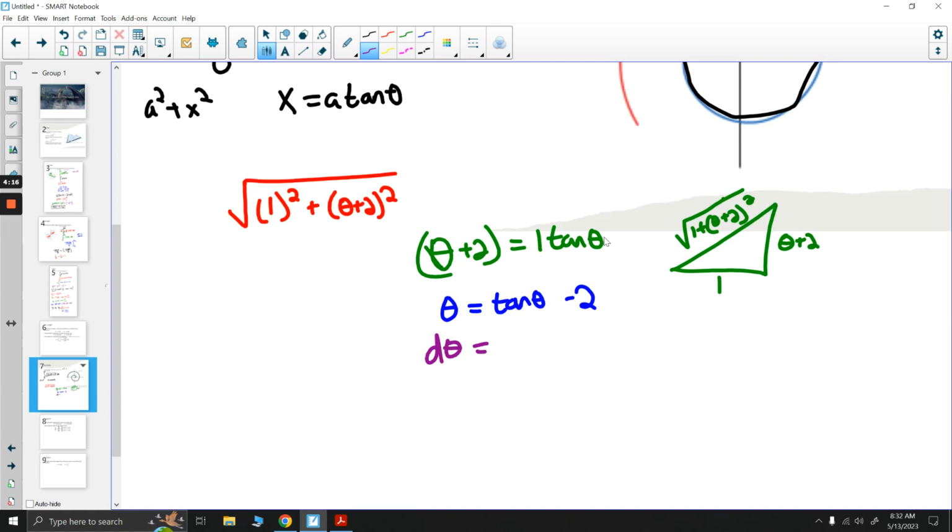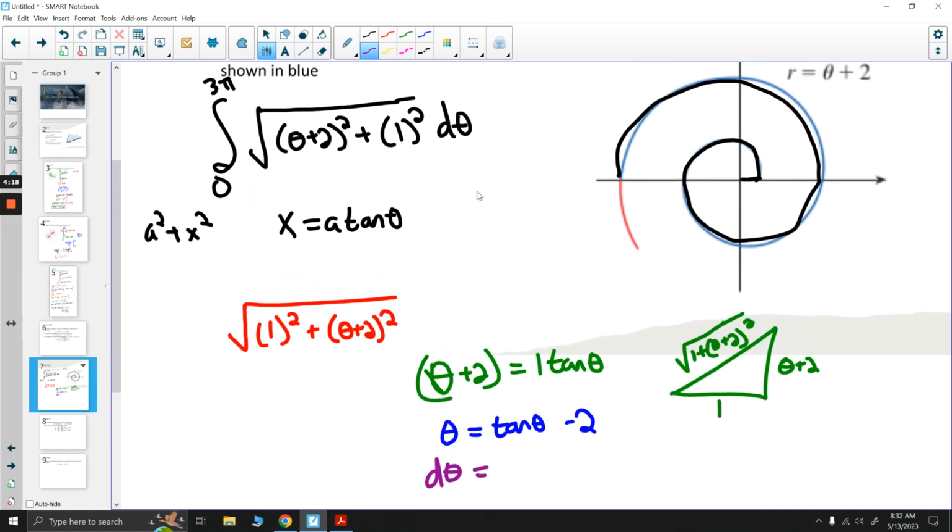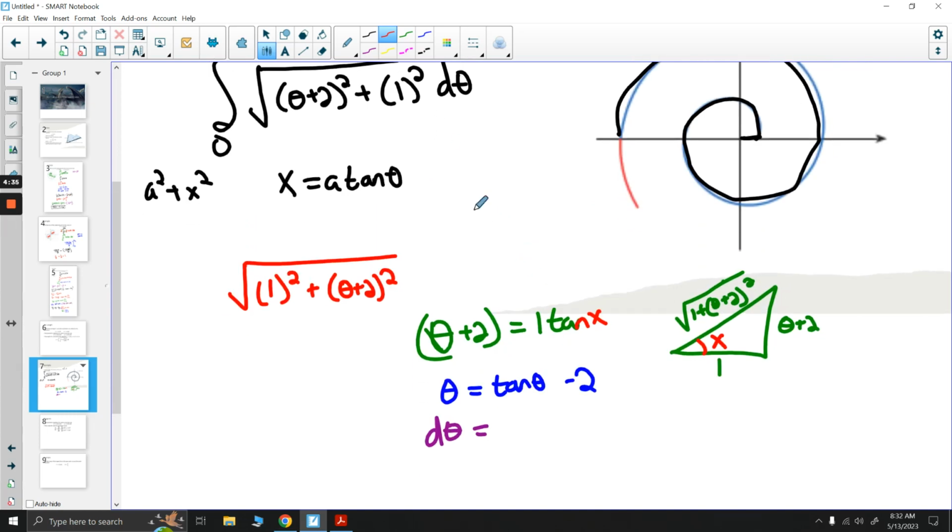So here's the problem: I'm using thetas. Instead of calling it theta, let's call it something else, like x, because since we're in thetas, that would get very confusing very quickly. So we're going to call them x's.